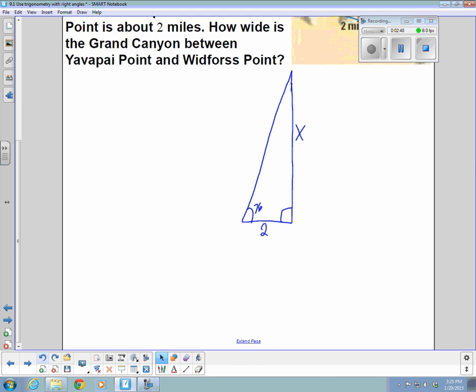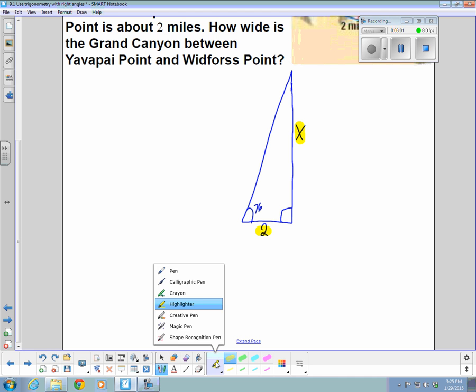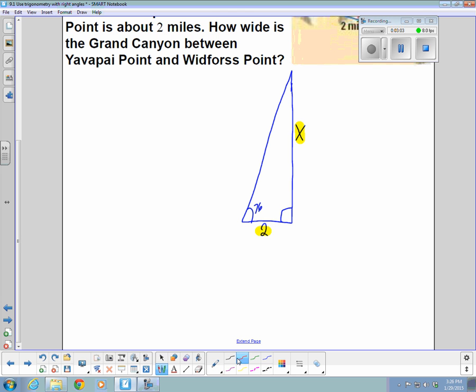It's just a regular trig ratio here. If you look at it, what are we given? You always got to ask yourself what you're given. Right now we have the 2 and we have the x. That's the side we want to work with because we don't know what the hypotenuse is yet. Let's label what we do know. This is the adjacent, ADJ. This is the opposite, OPP, because it's opposite of the angle I'm going to use, 76 degrees.